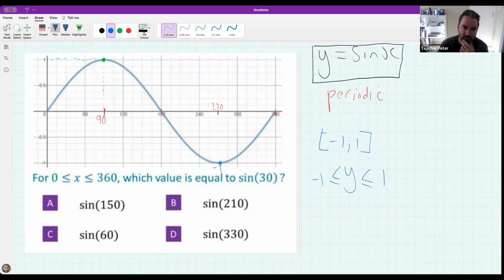Okay, now I want to point something out to you. If you look at, let's say, from 0 to 90, I want to suggest that this graph is positive. It is above the x-axis. Give me a thumbs up if you agree that between 0 and 90, the sine graph looks positive.